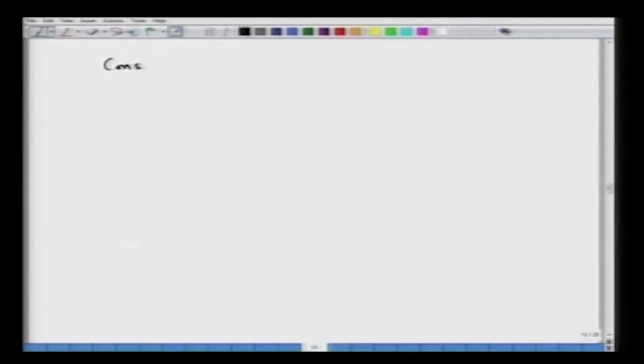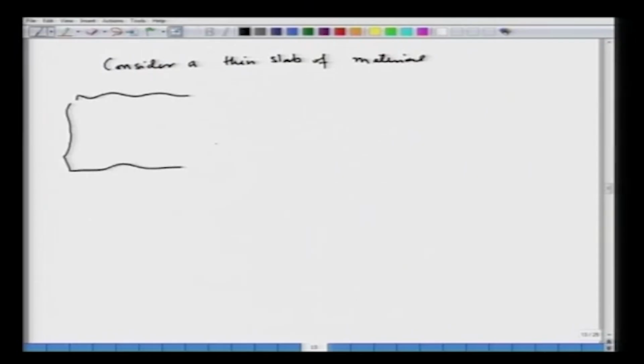So, in this derivation, we consider a thin slab of material, and in order to make the derivation simple, I am going to assume, so this is my thin slab of the material, which has the dimension delta z. This has refractive index n, and it is in a bulk of material, which also has refractive index n.